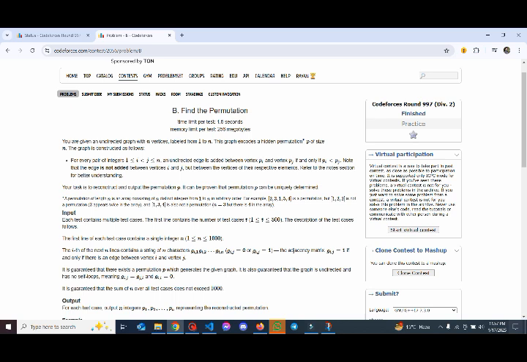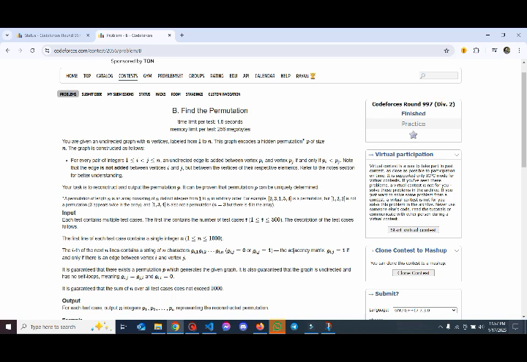The graph is constructed using a hidden permutation p. For i less than j, there is an edge between vertices p of i and p of j if and only if p of i is less than p of j.